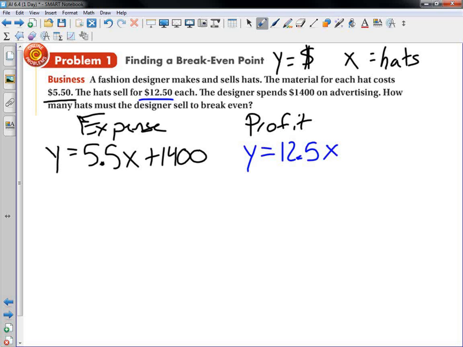I could choose substitution or elimination. I probably would not choose graphing because if I don't want to estimate the answer, I want to know what the answer actually is. So since both these equations are already solved for Y, I'm just going to use substitution. Okay? So what I'm going to do is drop down this equation.